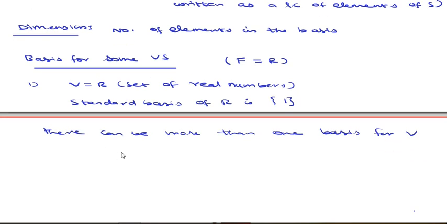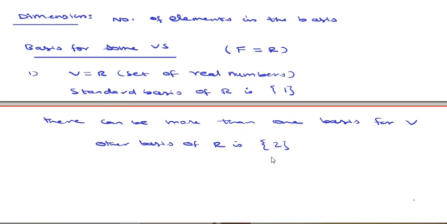The other basis of R is the singleton {2}. Any element other than 0 will be a basis for this vector space R over R.